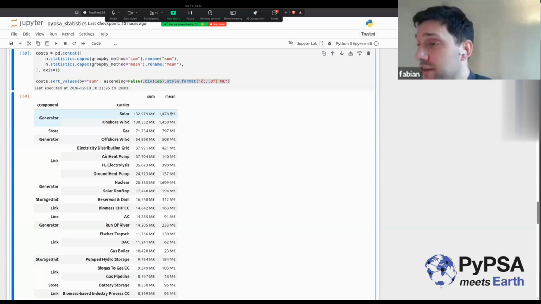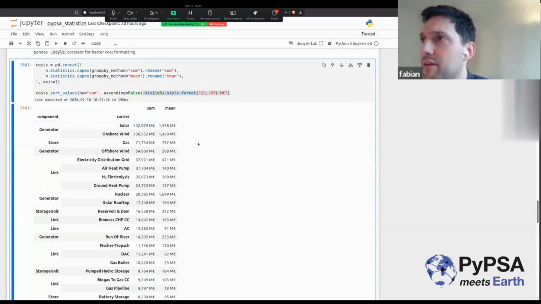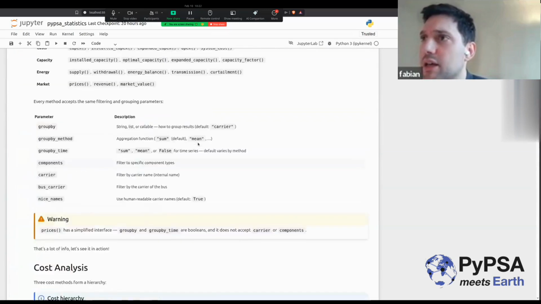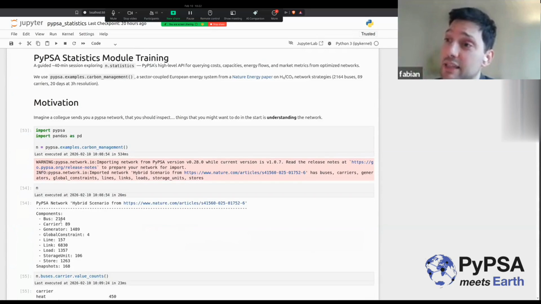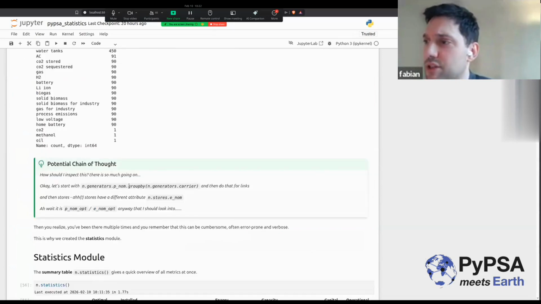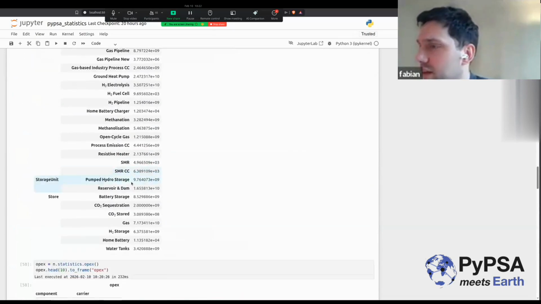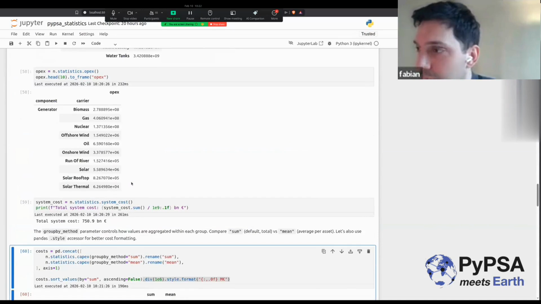It's quite something. You remember, I can't remember the number of buses. If I scroll up, I have it here. It's 2,000 buses. This contains all the carrier buses. So I think the spatial resolution is something like 90 or so.